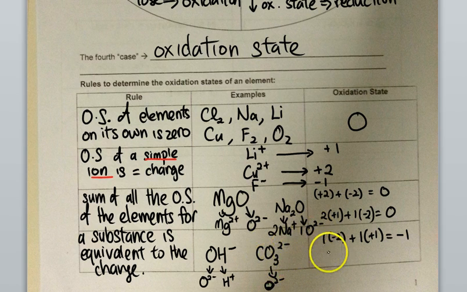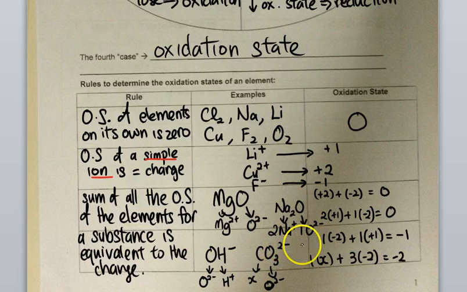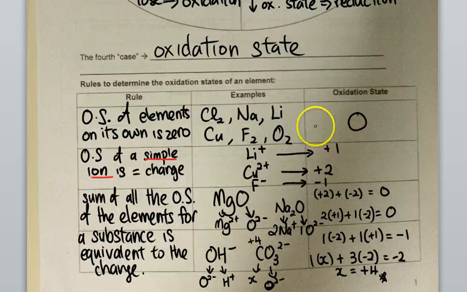So maybe we can say the oxidation state of carbon is X. So how many X is there? 1X plus 3 times -2. Overall must be -2 because the charge is -2. So if you do some simple mathematics, you realize X is equal to +4. So we know the oxidation state of carbon must be +4. So we'll go into more examples in the next part.